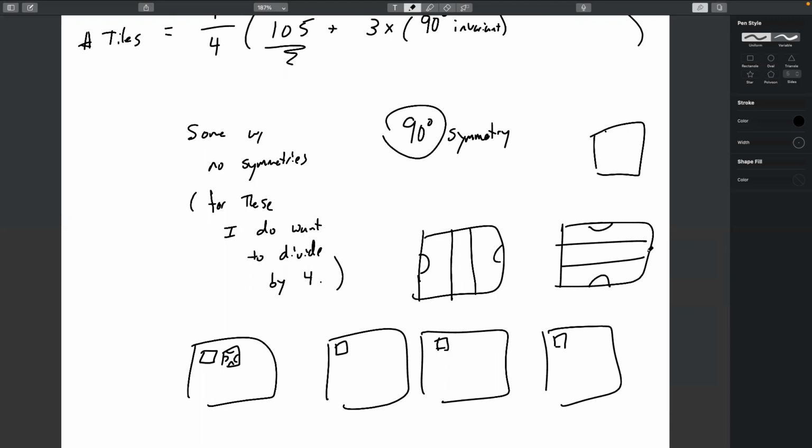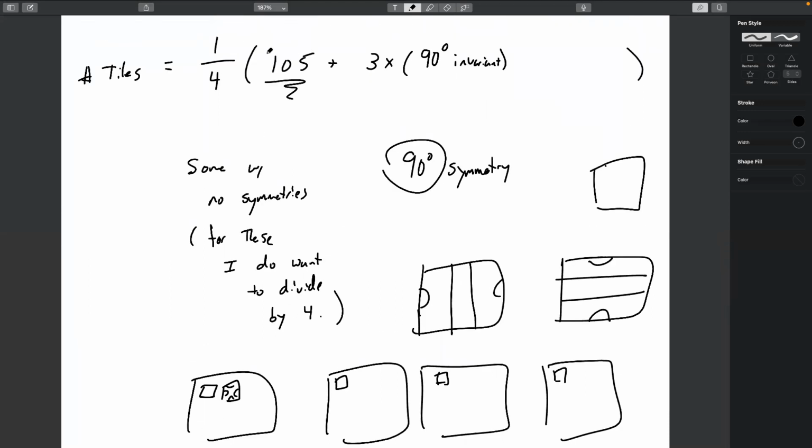If I double this and double this, then I've got the 4 that I need. They all correspond to the same tile, right? So I've already got one of these guys in here. I just need to double it. I just need one more. So 180-degree only symmetry. These are things that have 180, but not 90.